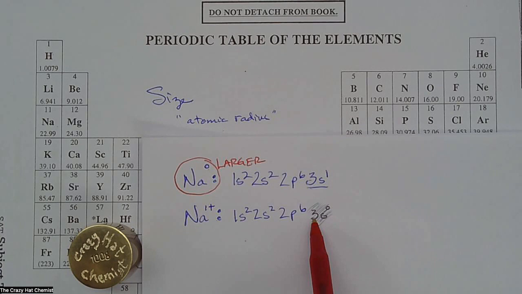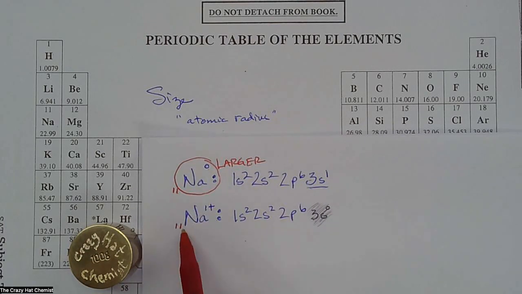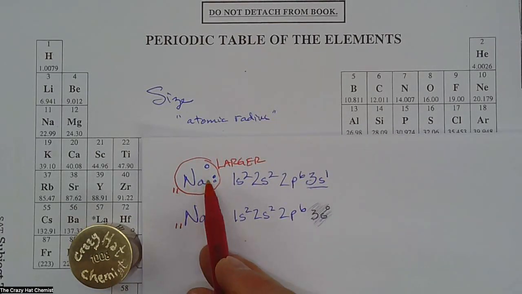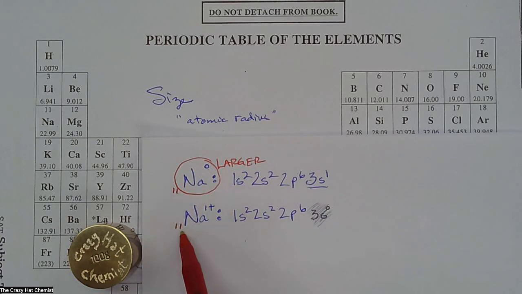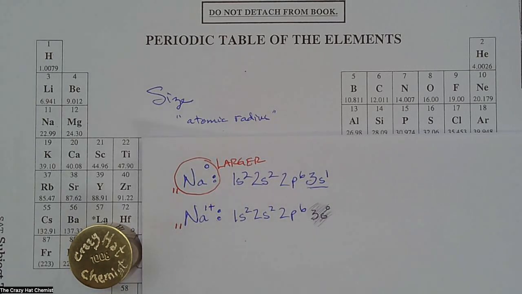And furthermore, the effective nuclear charge has increased. So the nuclear charge itself has not changed. That is, sodium atom element has 11 protons. Sodium ion has 11 protons. But the keyword is effective nuclear charge has increased. So the metals, of which sodium is a metal, are always larger than their ions because the ion has lost a shell. That's the 3s shell.